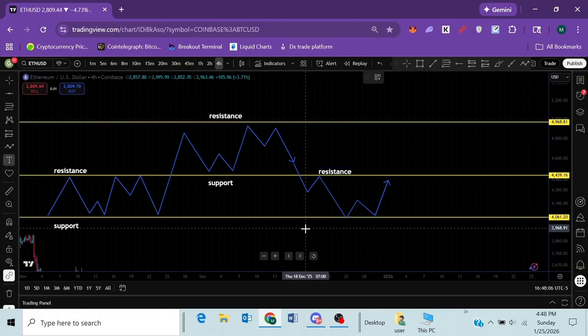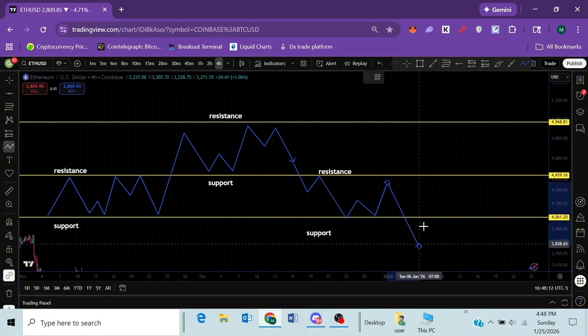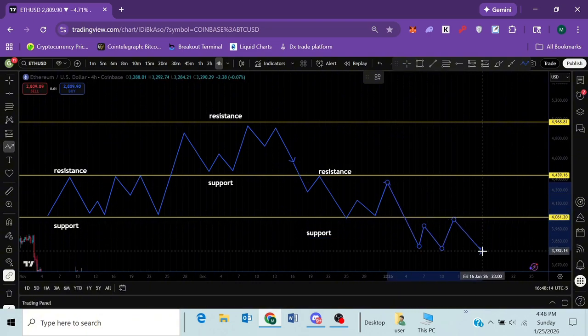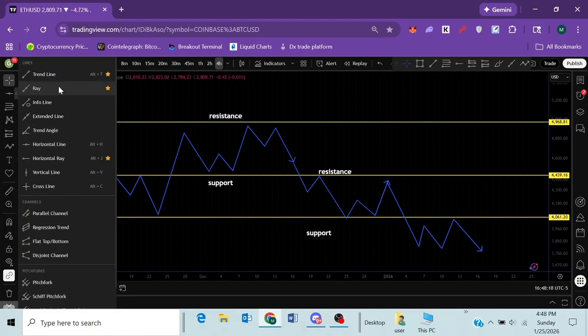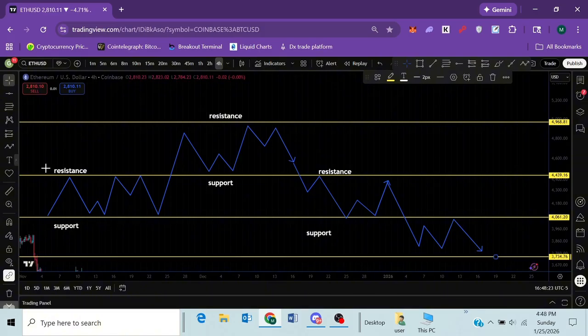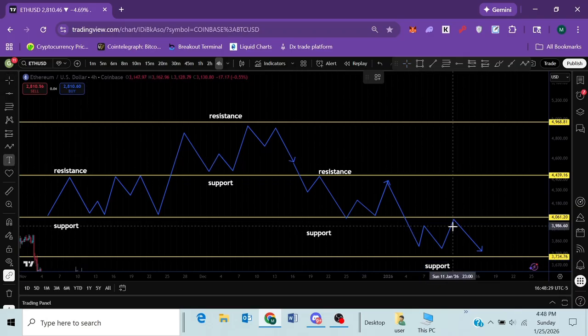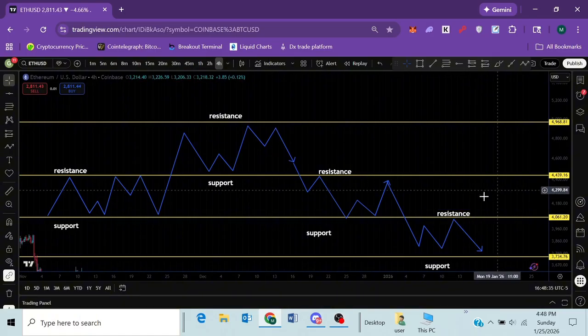And you have a new support. And if it breaks below there, you potentially form a new support again. And now this old support is now a resistance, right?